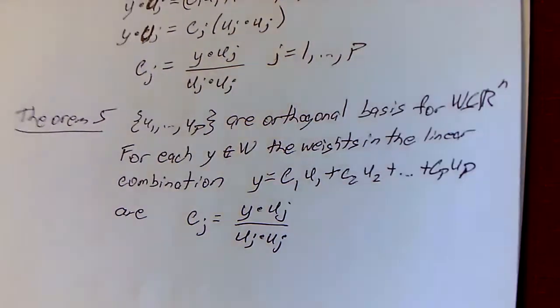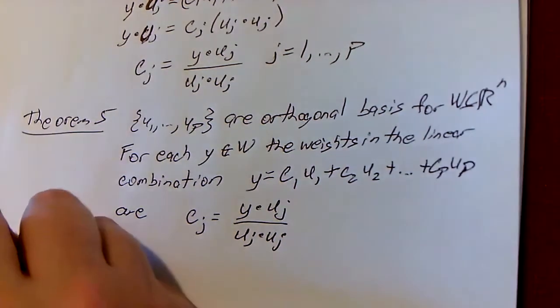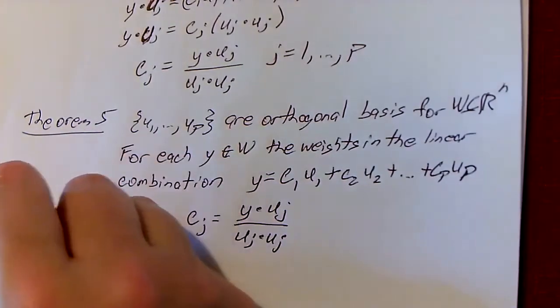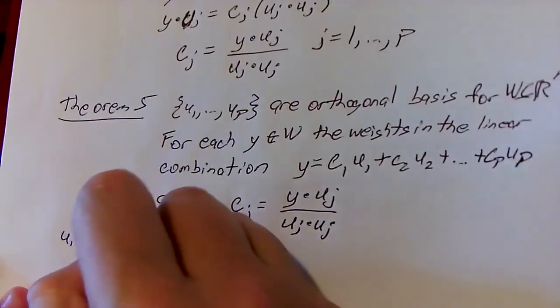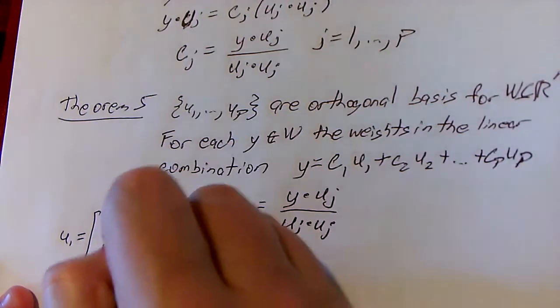So I'm going to take an orthogonal basis here. U1 is equal to (1, 0, 1). U2 is equal to (-1, 4, 1).